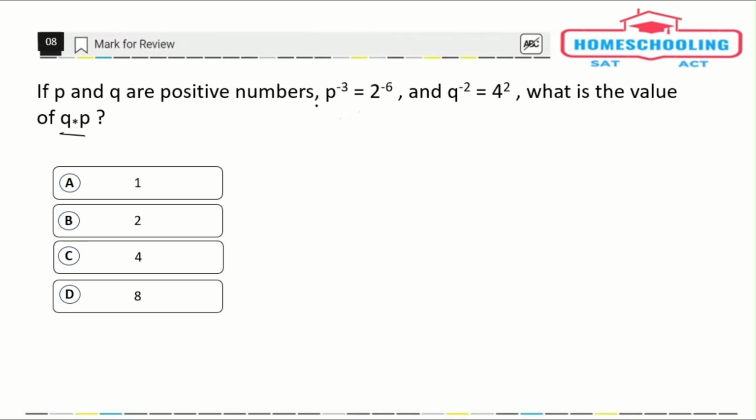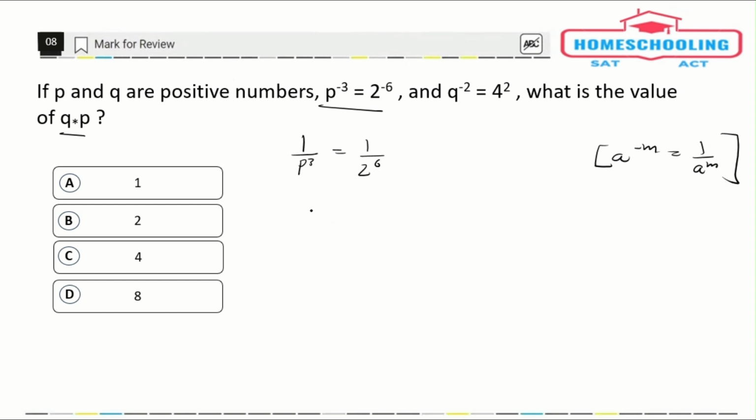So let's take this equation first. p to the power minus 3 can be written as 1 by p cube, and this can be written as 1 to the power 6, because a to the power minus m is equal to 1 divided by a to the m.